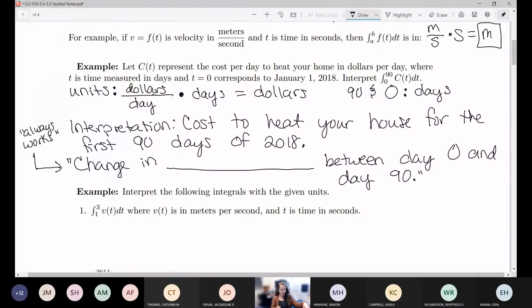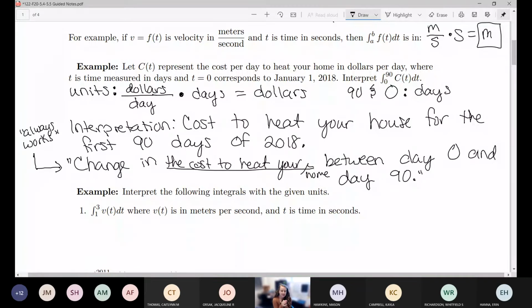And the change here would be the change in the cost to heat your house. So the change in the cost to heat your home. Oh no, I ran out of space. Pretend that home got squeezed in there.